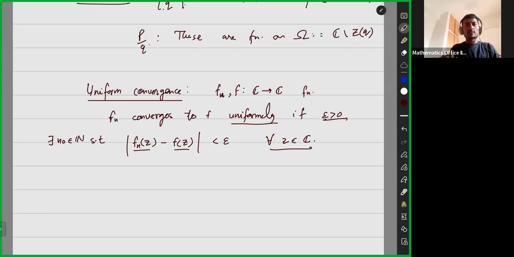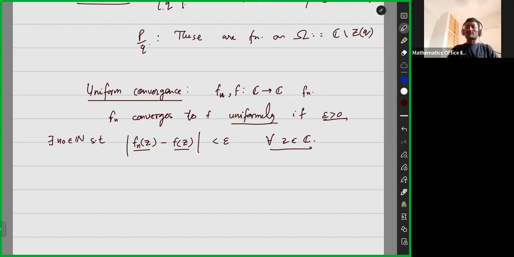So epsilon is always a real number. This is because we don't have any strict ordering in the set of complex numbers. The complex numbers form a field, and it has no ordering. There is a nice proof, but right now I don't remember it.